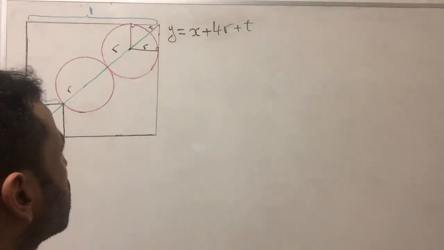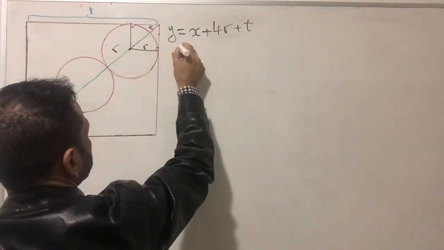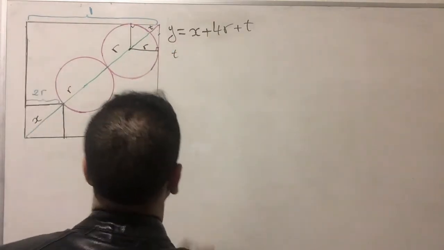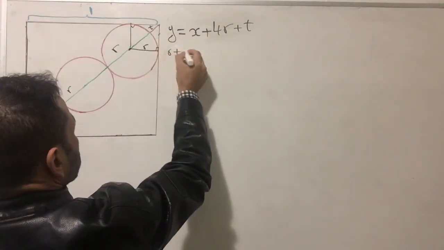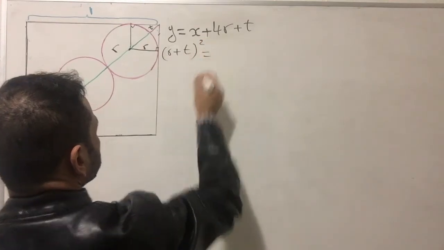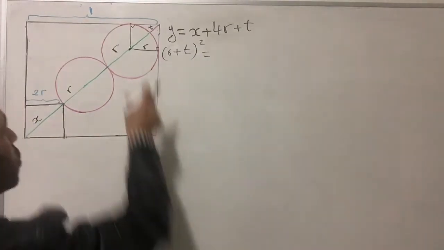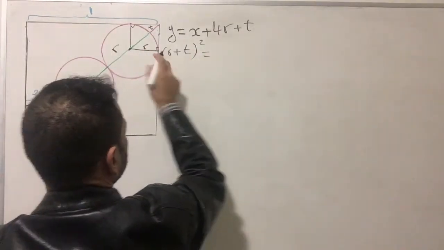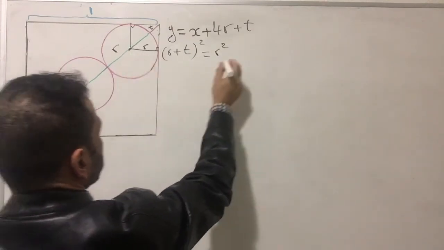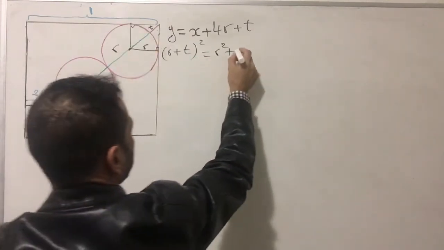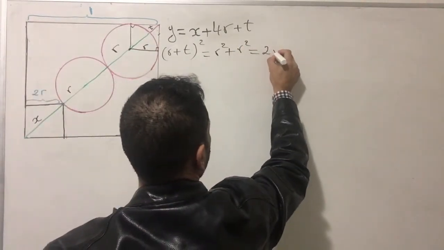I'm going to apply the Pythagorean theorem here. So we have this distance r plus t, quantity squared, equal to this distance, which is r squared as the radius of this circle, plus this distance, which is r squared. Putting them together gives us 2r squared.